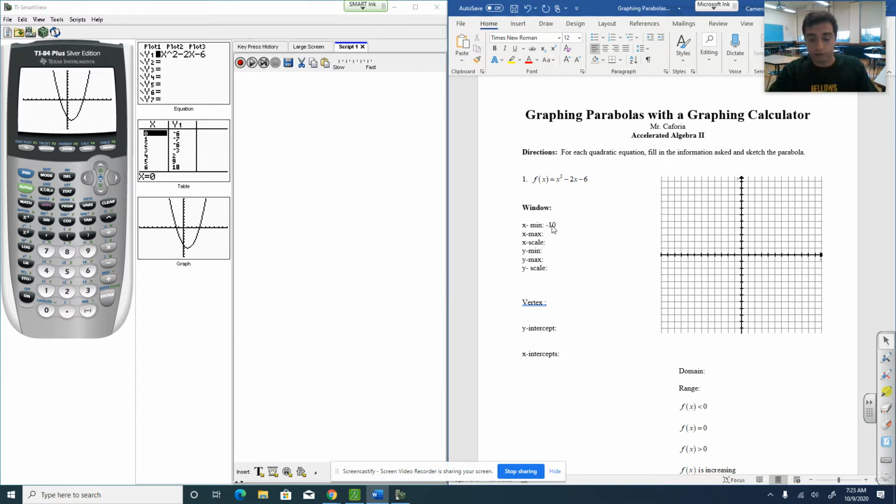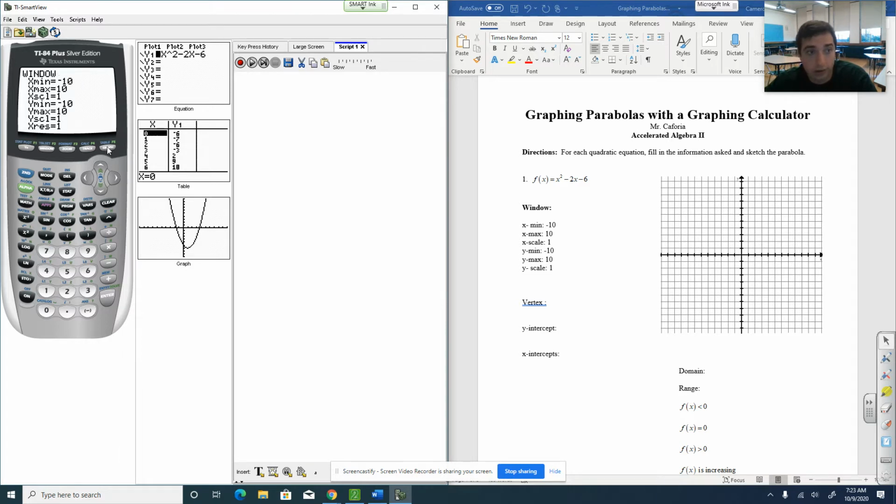The x min is -10, max was 10, our scale was 1. Our y min is -10, our y max was 10, our scale was 1. You should do this based on what you have in your window. Once again, how we got there was we click right next to the y equals, there's this window button, and we write down what we have here.